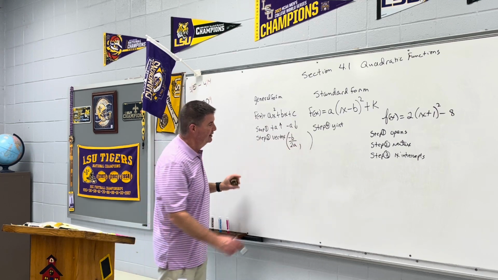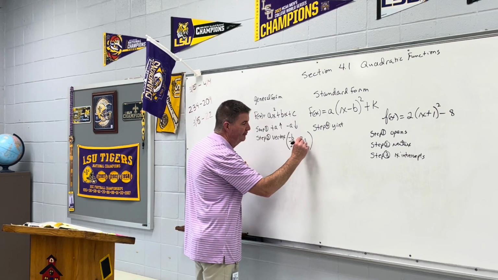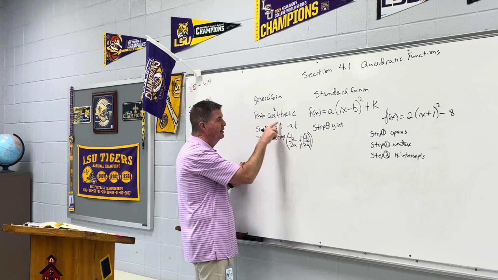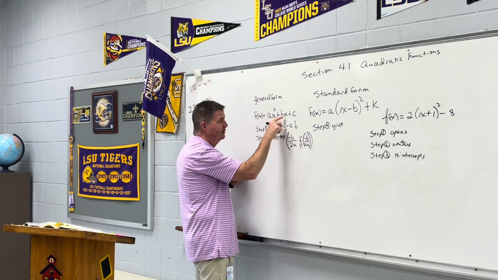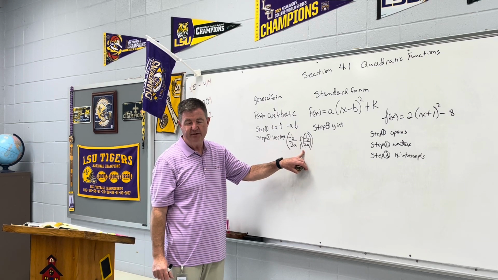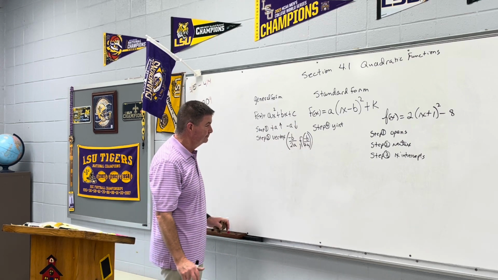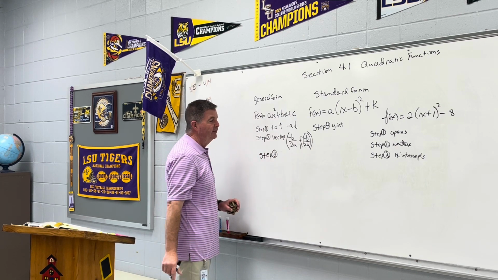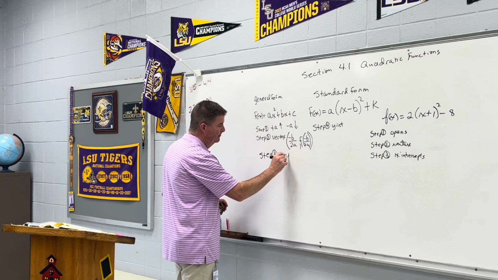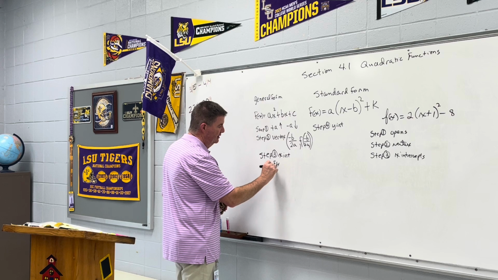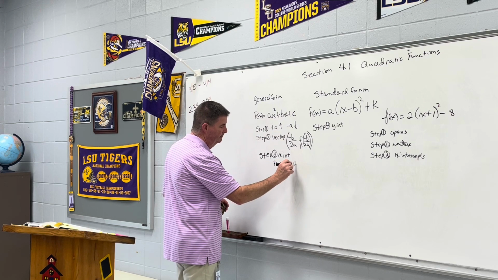This represented looks like this: F of negative B over 2A. Which means whatever number we get here, we find F of that number, meaning we put the number in for X's, and that gives me my Y portion of the vertex. Step 3, exactly the same. We find the x-intercepts, and to find the x-intercepts, we set f of x equal to 0 and solve.